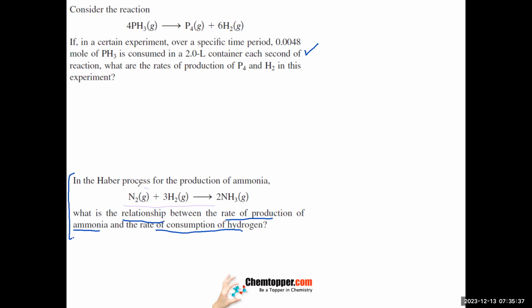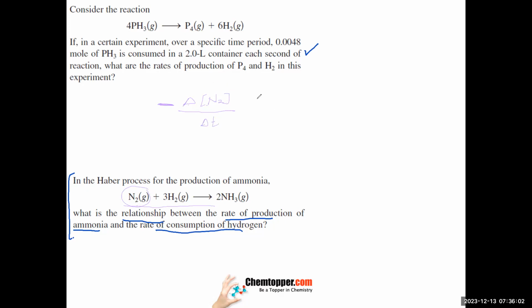So rate of consumption means disappearance. So minus for N2, delta means change. N2 in square bracket means change in concentration of N2 gas. Negative means the decrease, divided by delta T. It is the rate of consumption of N2.